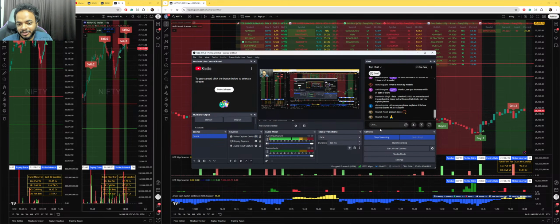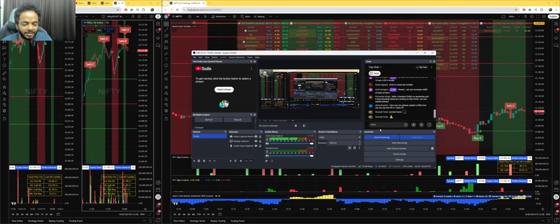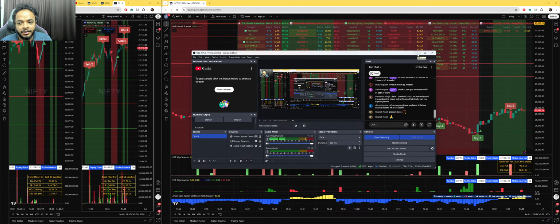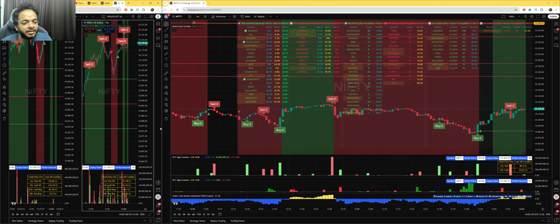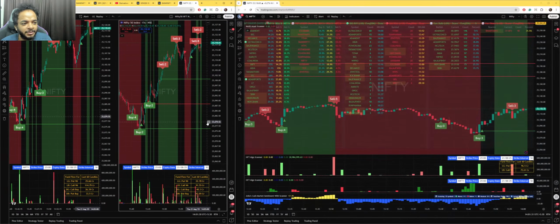Punendu ji, don't use it on very deep in the money, because it calculates that, and mostly the positions are taken ATM, so try to keep near to ATM.